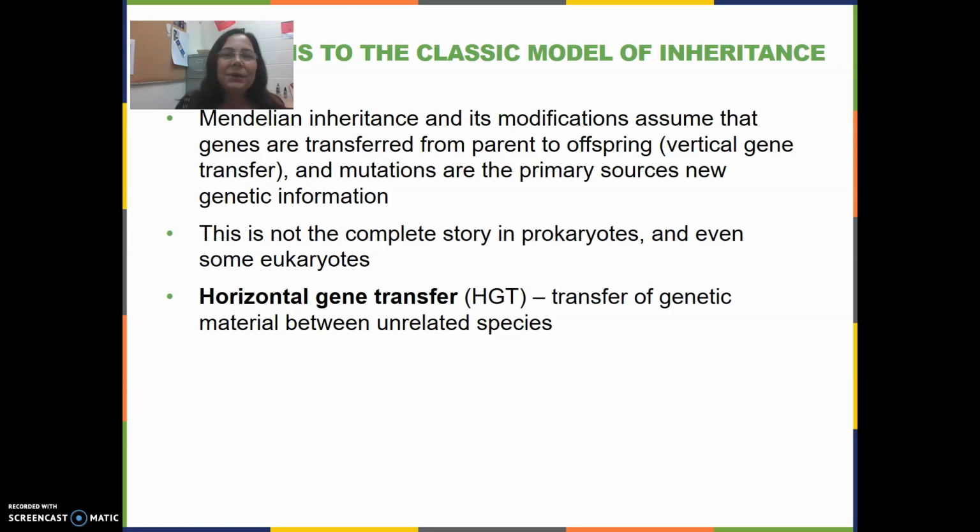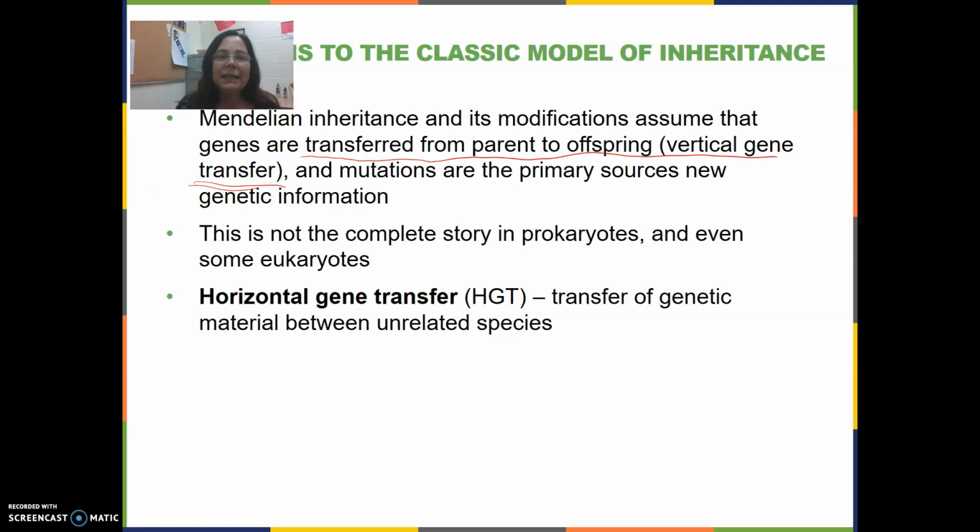Okay, so the limitations to the classic model of inheritance: Mendelian inheritance assumes that genes are transferred from parent to offspring, which is vertical gene transfer, and that mutations are the sources of new genetic information.